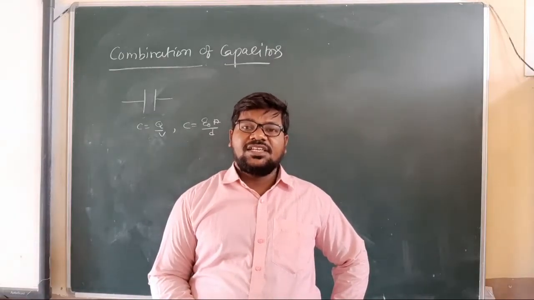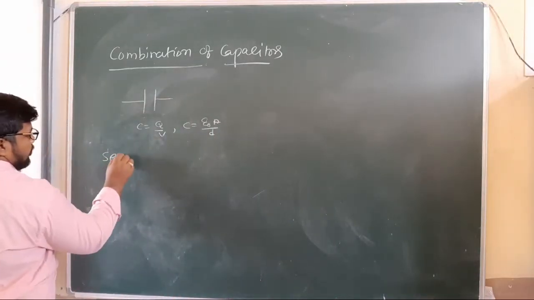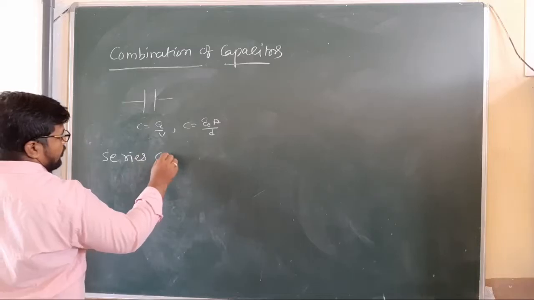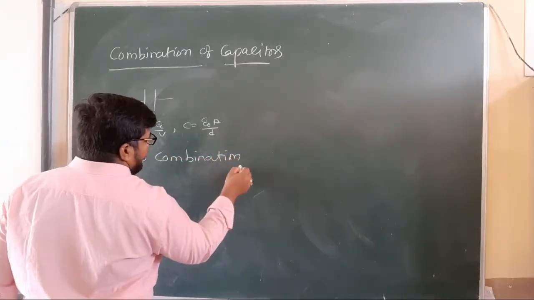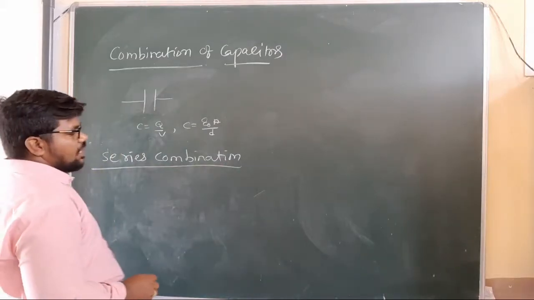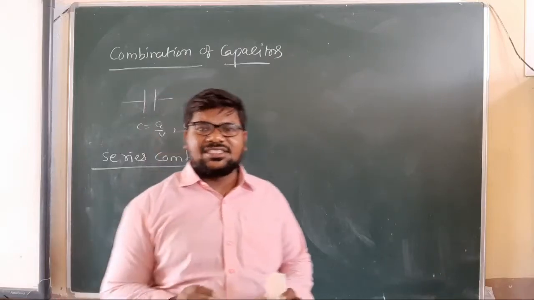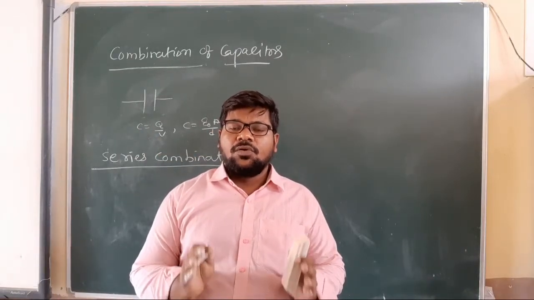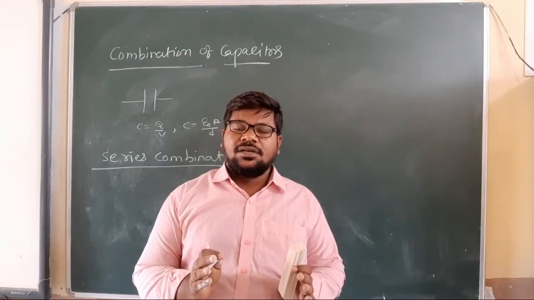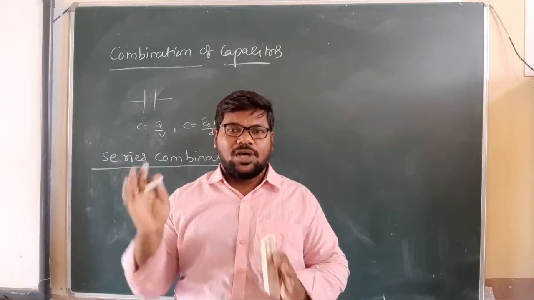In this case, series combination. So what is series combination? Series combination, or end-to-end combination, means the negative terminal of one capacitor is connected with the positive terminal of another, and so on.